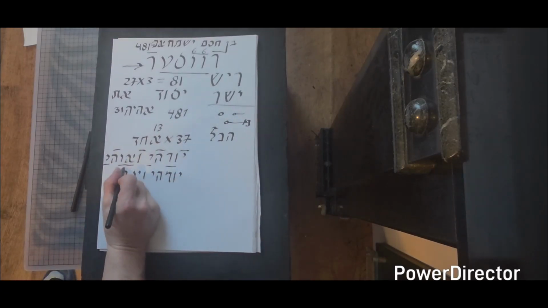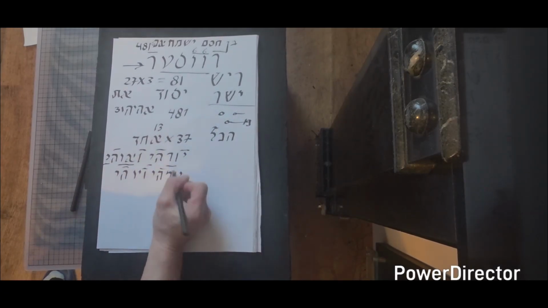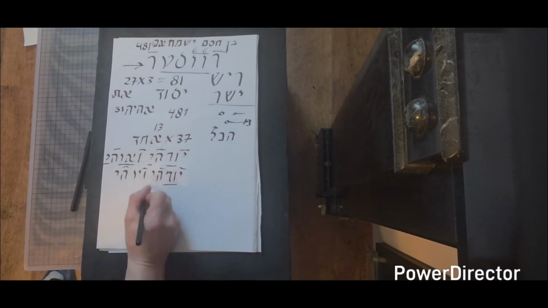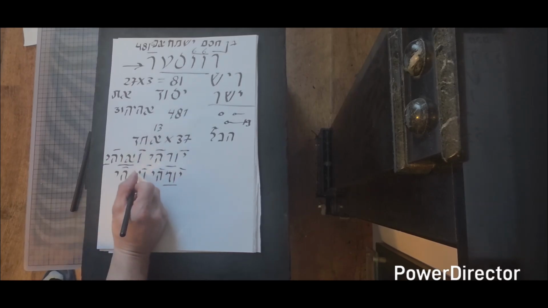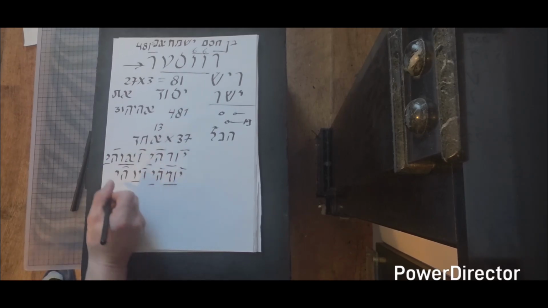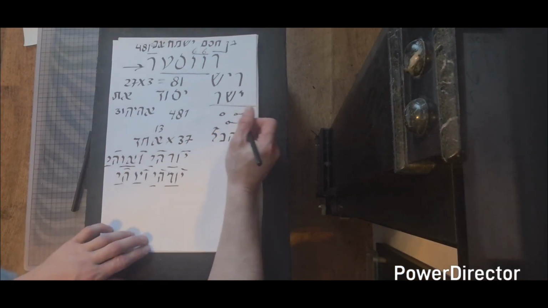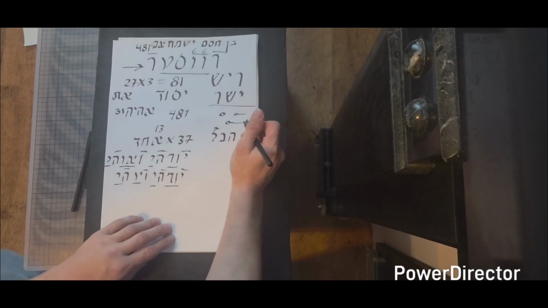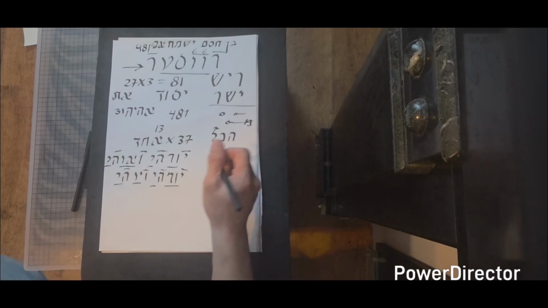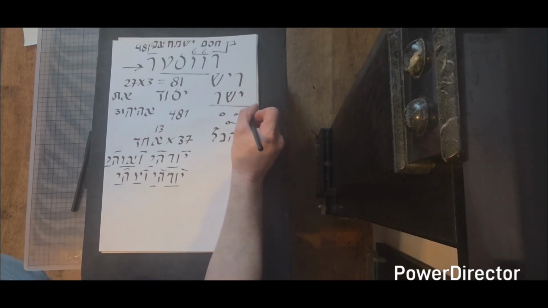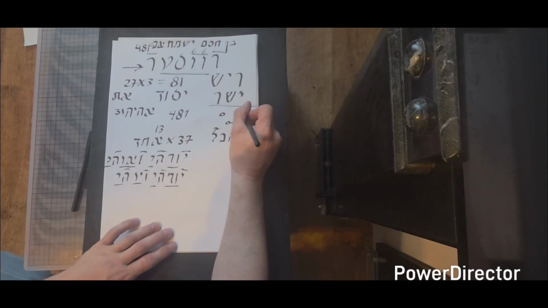And then this is Yud He Vav He, of course. That leaves us with 10, 20, 36, and 46, which is exactly the ordinal value of Cain plus the 3 letters of his name. Because Cain, Kuf is 19, Yud is 29, Nun makes 43 plus 3 letters is 46. So that was Cain.